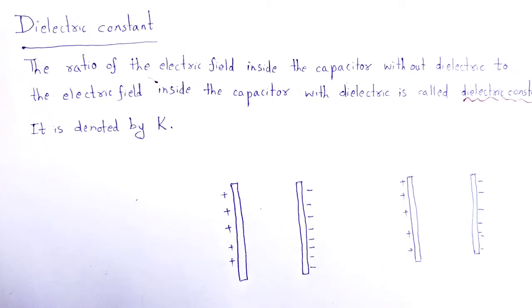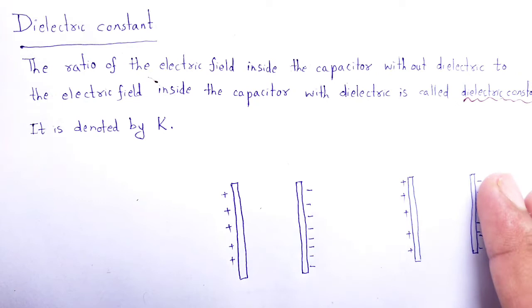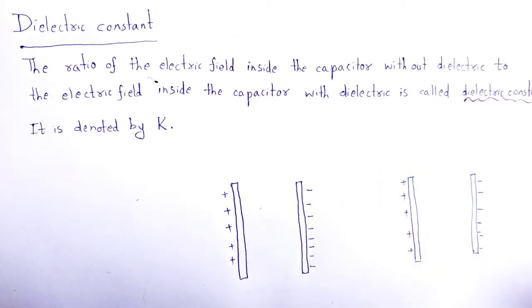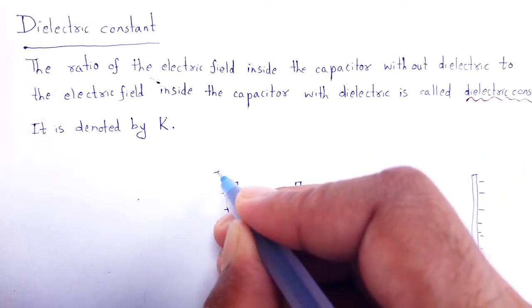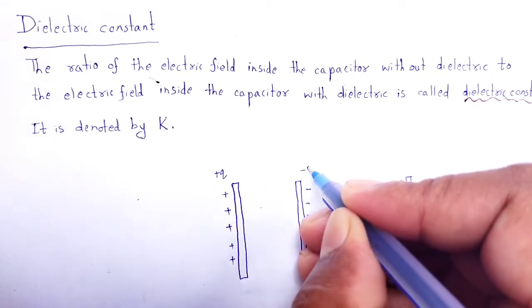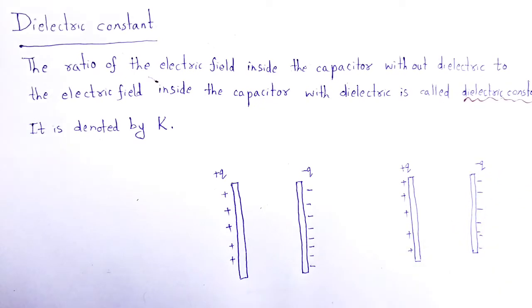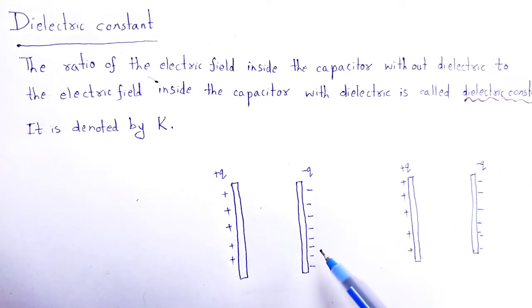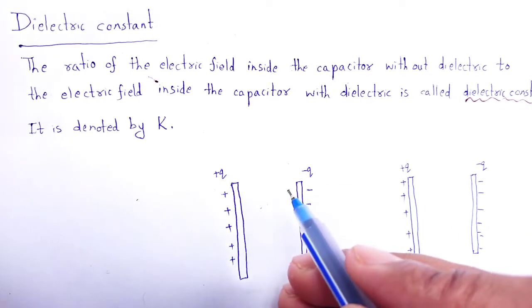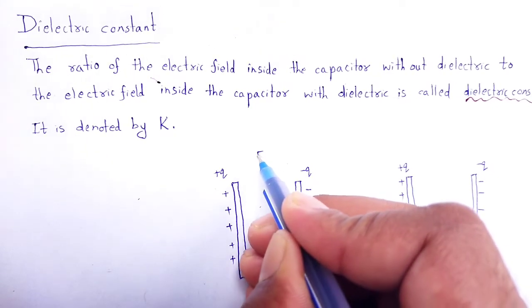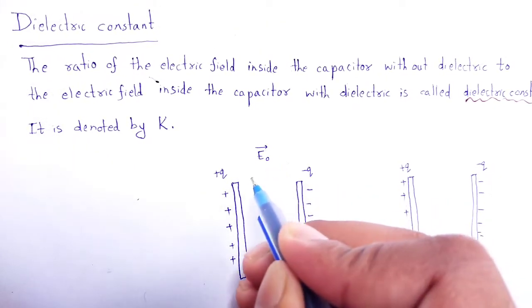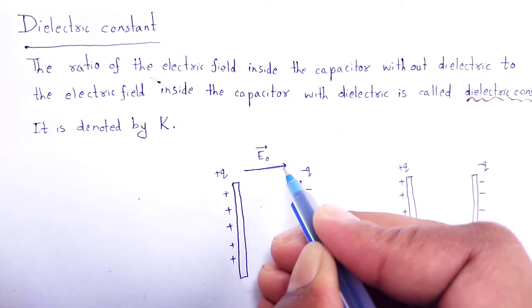Let the charge on each capacitor be plus q and minus q respectively. Let the uniform electric field between the plates of the capacitor be E naught.